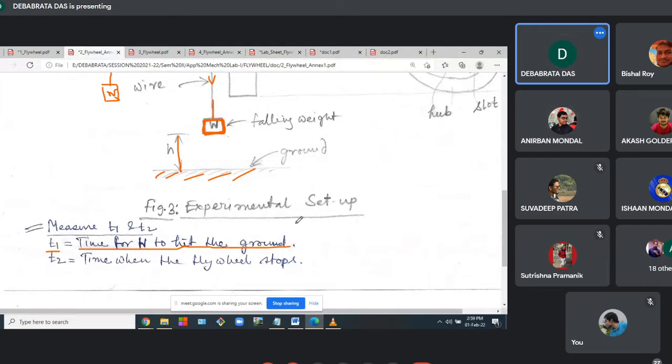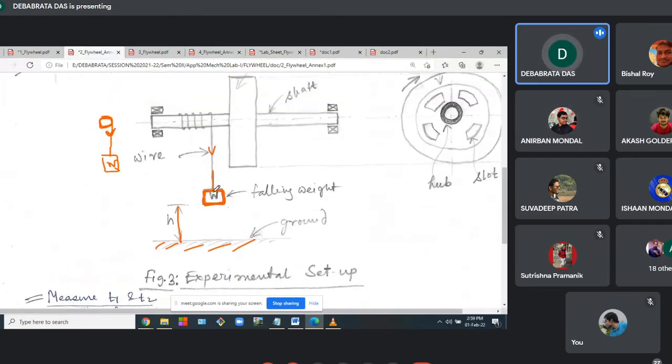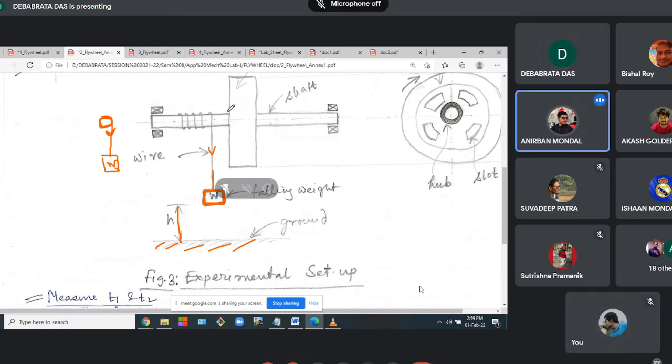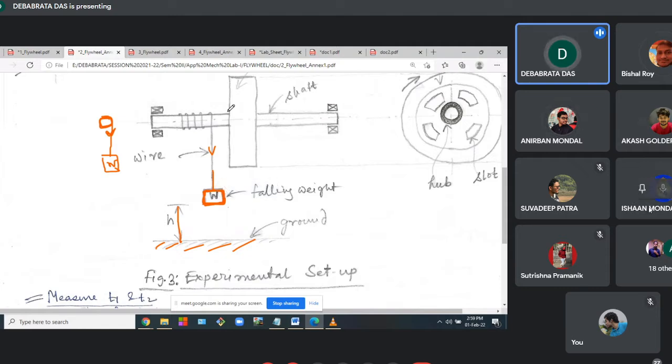Clear? Now what will happen? The moment it hits the ground, the tension becomes 0. Will this flywheel stop immediately? No, sir, it will take some time.